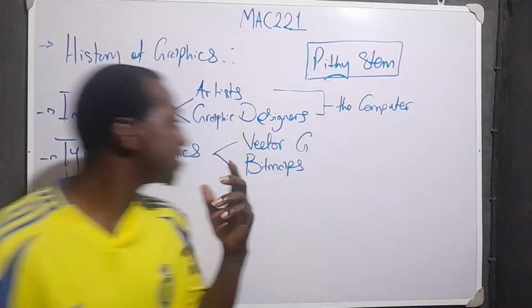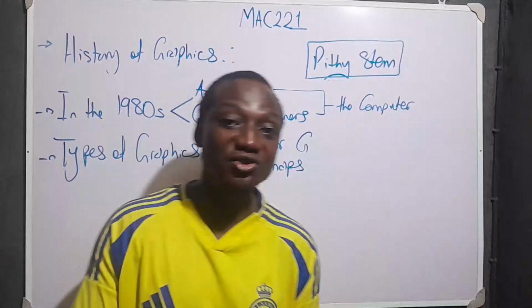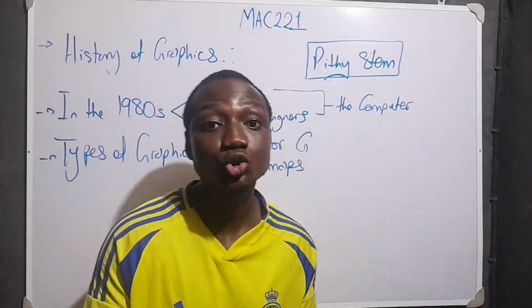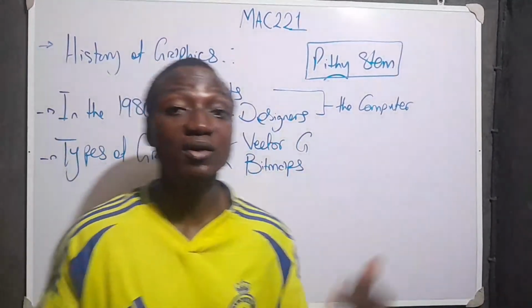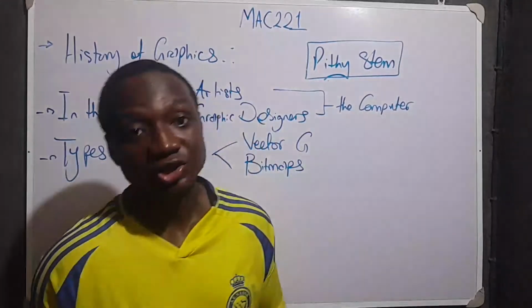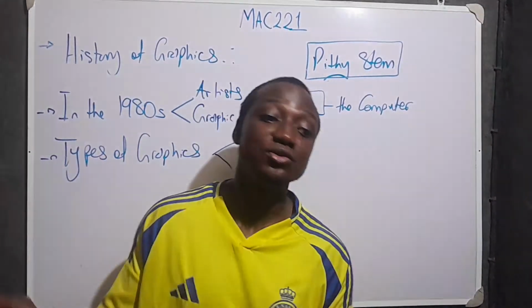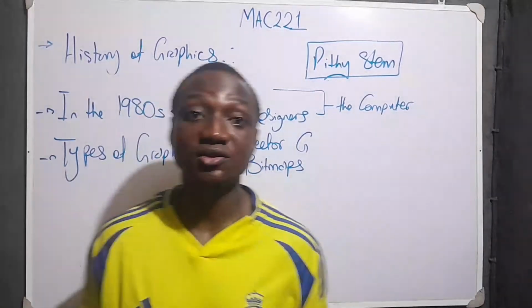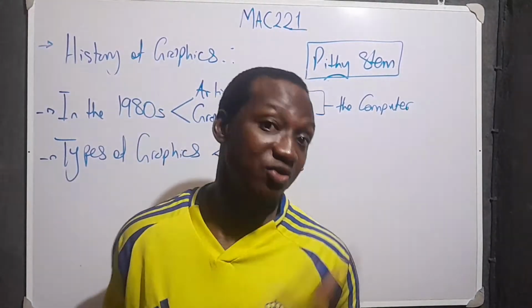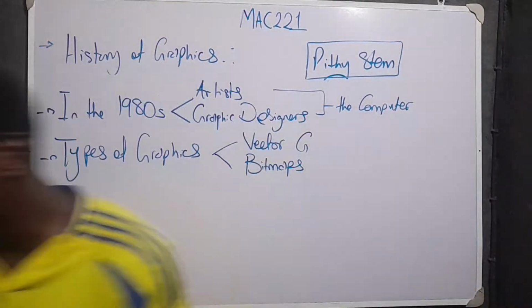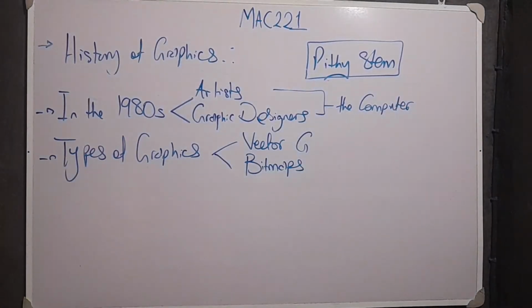So vector graphics are just graphics like the ones we use in designing the thumbnail of our classes, which is just there on Canva. We don't need to get an external device connected to the computer to produce such. Those are straightforward, and with the help of a single button, we can do the manipulation.